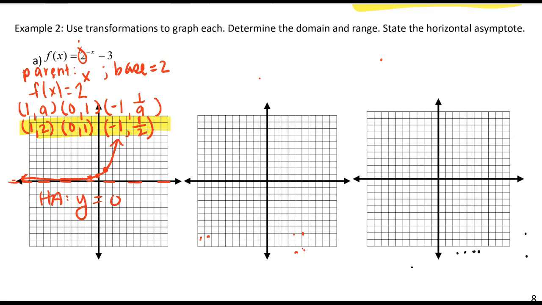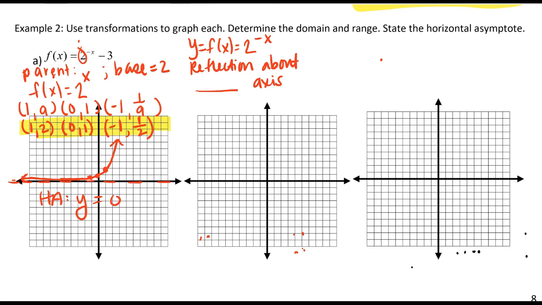So that's our parent function. And we are going to go from left to right. Our next function is y equals, which I can also write as f of x, equals 2 to the -x. And I need to state the transformation. The transformation is a reflection about a blank axis.